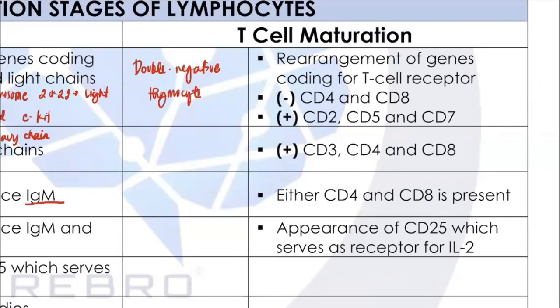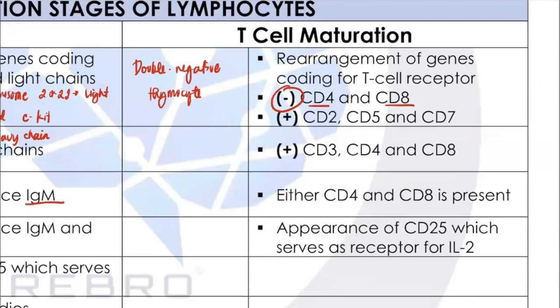The reason for that is that it is both negative for CD4 and CD8. However, it already has CD2, CD5, and CD7. Okay? Question, sige nga. Can this double negative thymocyte bind an antigen already? Kaya niya na bang mag-bind ng antigen? Hindi pa, no? Hindi pa.